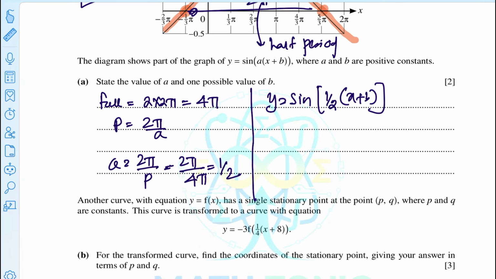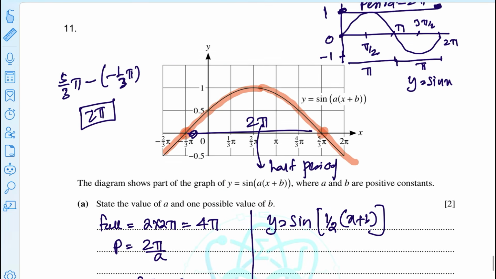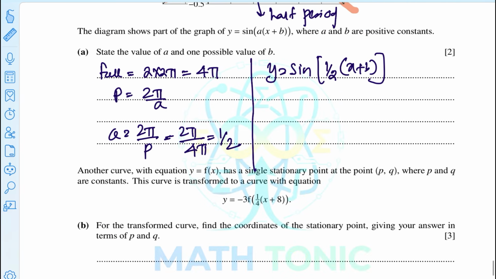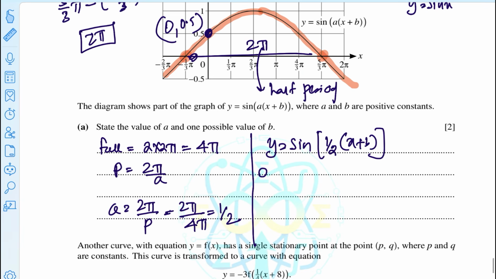Is it okay? Now how to find the value of b? You can check here. This curve is passing through a point. For example, I'm taking this point here. This coordinate is given as 0, 0.5. When I substitute this, we can get the value. So y will be replaced by 0.5, that equals sine of half b, since x is 0.